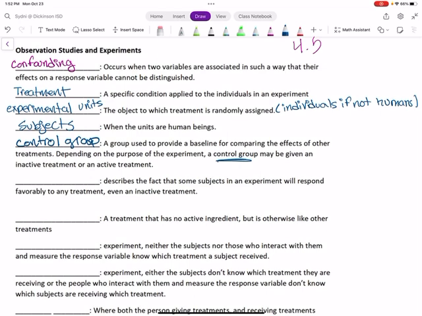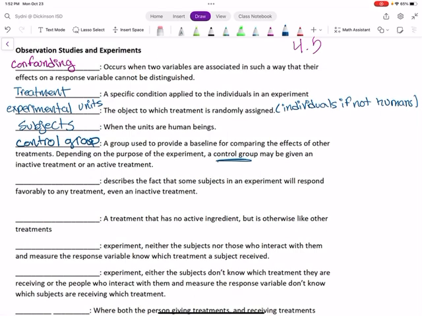Based on what you're trying to figure out, this is the inactive treatment, essentially. You're trying to get a baseline. So if you're trying to measure people's heart rates whenever they get caffeine, this would be the group that doesn't get caffeine. This is just the chill group. They're your baseline study for what typically happens if they weren't given a treatment at all.